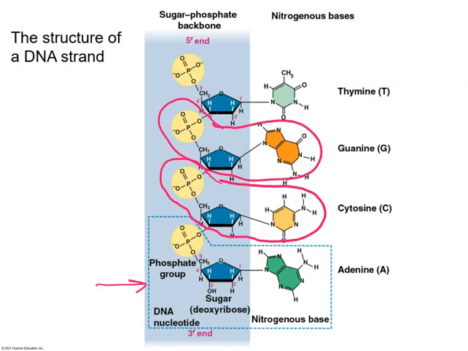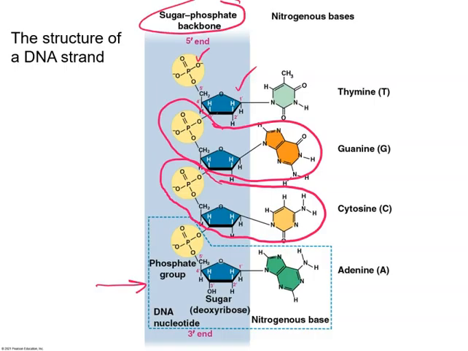Phosphate and sugar make up the backbone of the DNA molecule, and notice the nitrogenous bases connect those backbones. If we look at the molecule again, notice one strand will have a 3' end, and the opposite will have your 5' end.